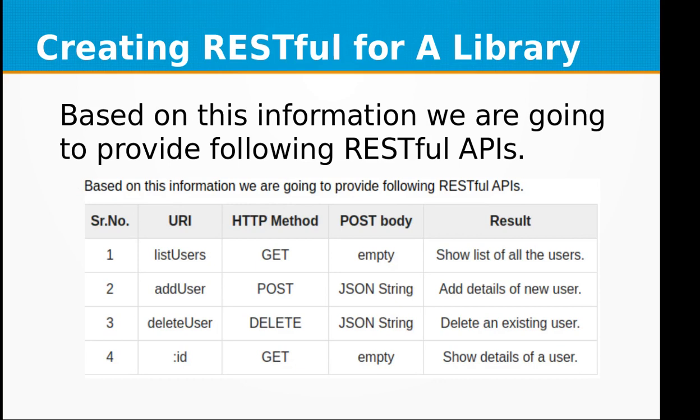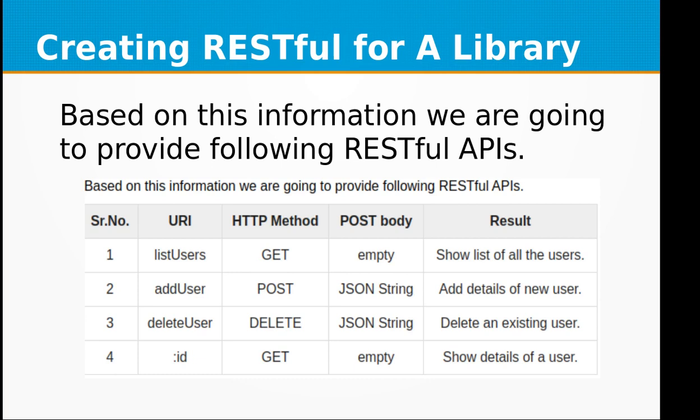Based on the information we are going to provide following REST APIs, the number one API we will be creating is list users. It will show list of all the users. Then we have add user API. It uses the POST HTTP method and it contains post body in JSON string and add details of new users.